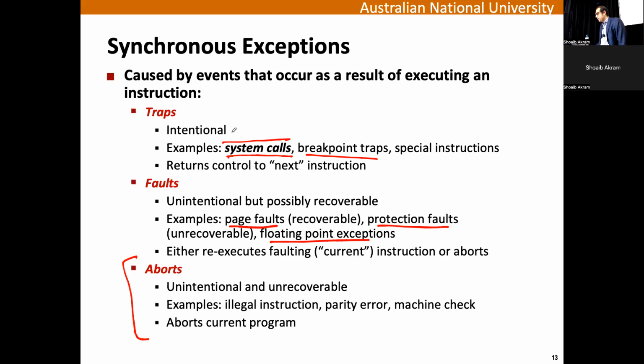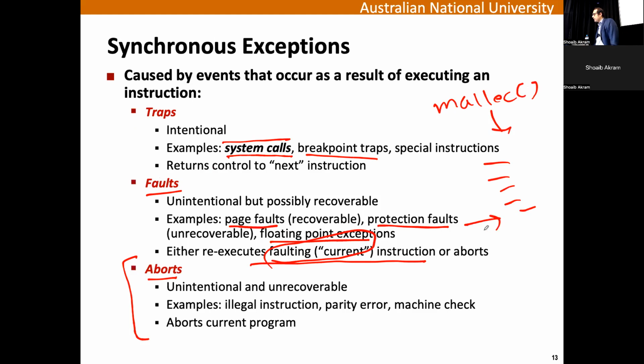So faults and aborts: in aborts, you always abort, and in faults, you could try to re-execute the faulting instruction. So we call it the faulting instruction. When you write malloc, the compiler will generate some assembly, and at some point, you will do something critical that actually generates the segmentation fault, and we call that the faulting instruction.